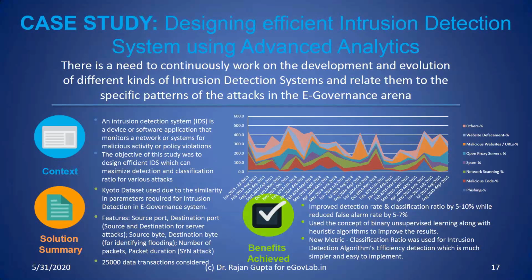Obviously there are a lot of attacks happening. You might be reading about them, or experiencing them, that somebody hacked your account, or somebody is not giving you access to log in to your own account. If all these need to be eliminated or monitored, then we need to have an efficient intrusion detection system.